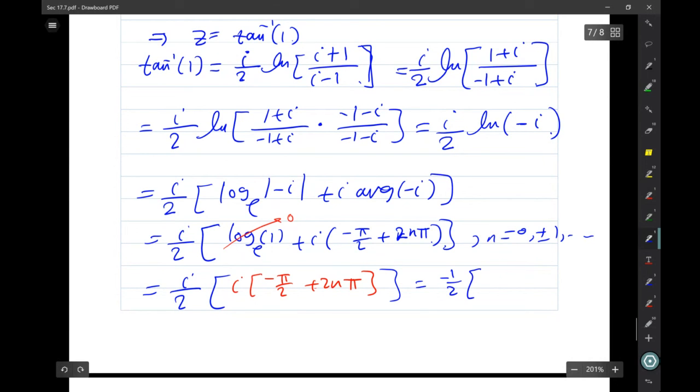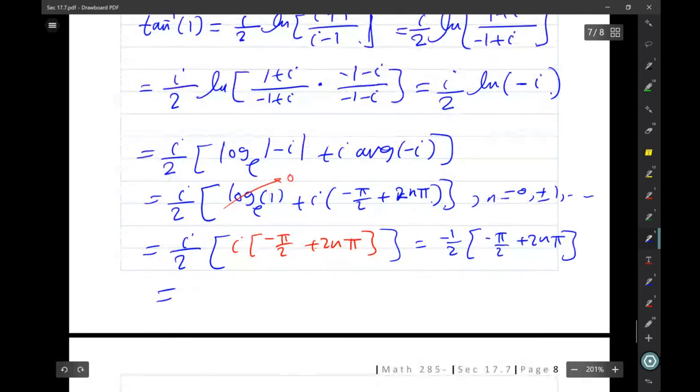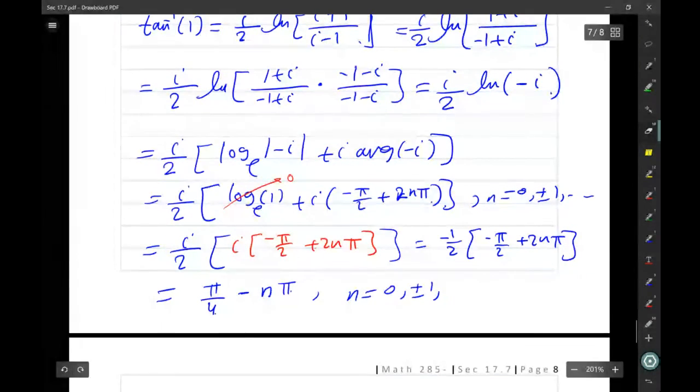So minus half times minus pi over 2 plus 2n pi. Simplifying this gives pi over 4 minus n pi, where n is equal to 0, minus or plus 1, minus or plus 2, and so on.